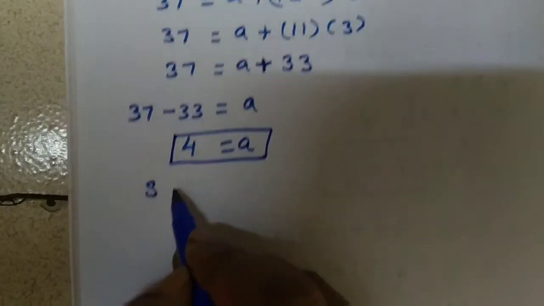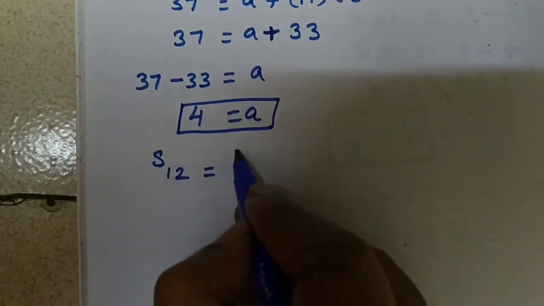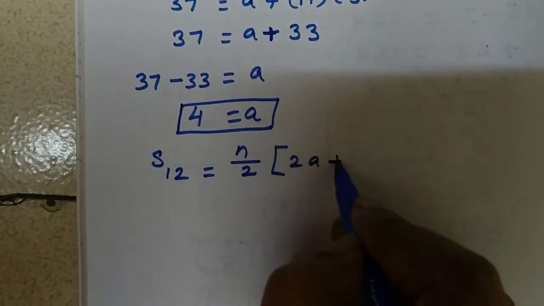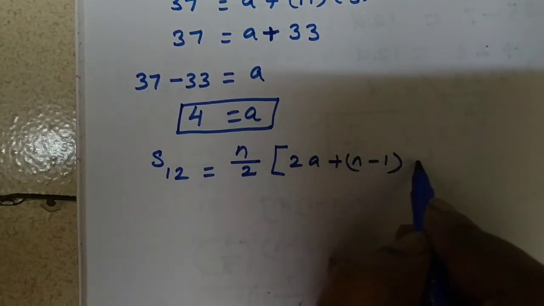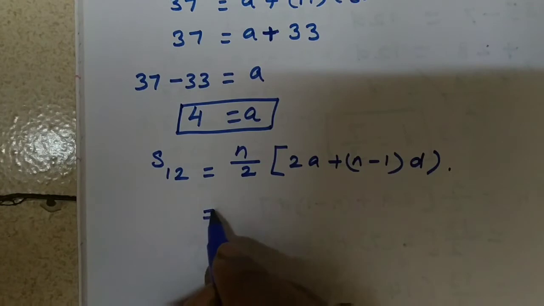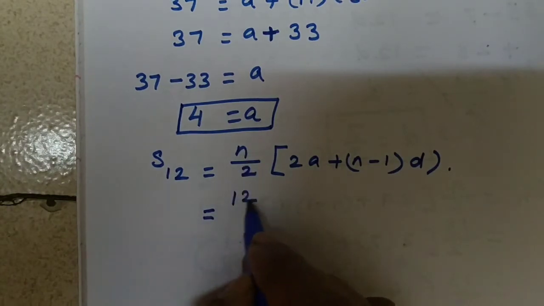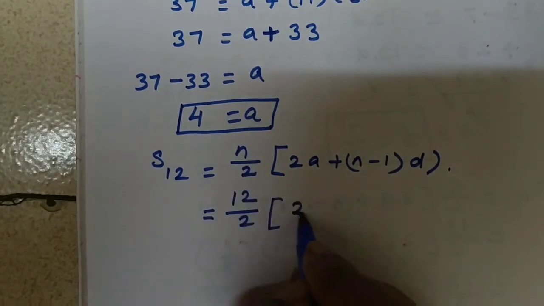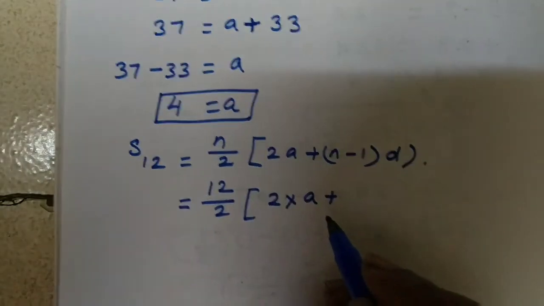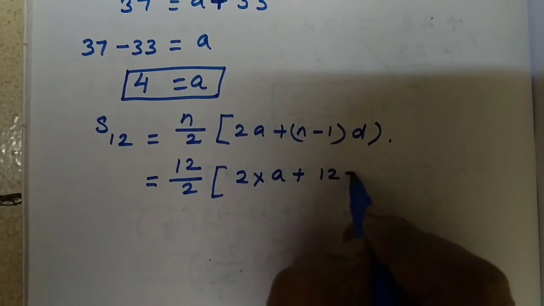Sn is S12, n by 2 into 2a plus n minus 1 into d. The value of n is 12 by 2. 2 into the value of a is 4. n minus 1, 12 minus 1.